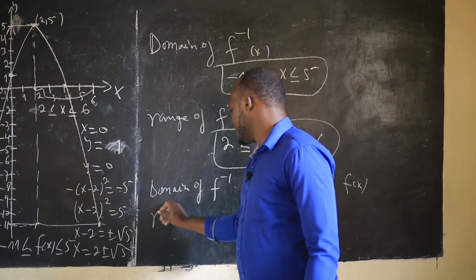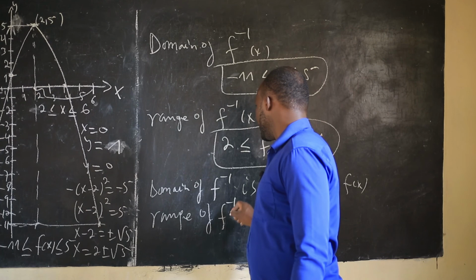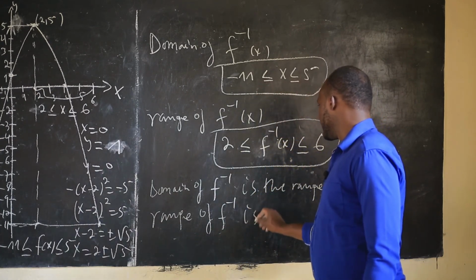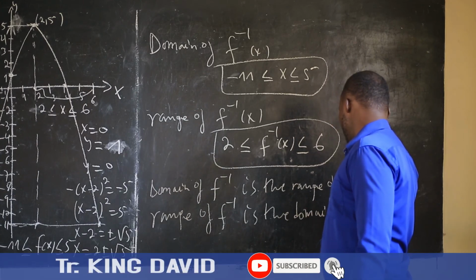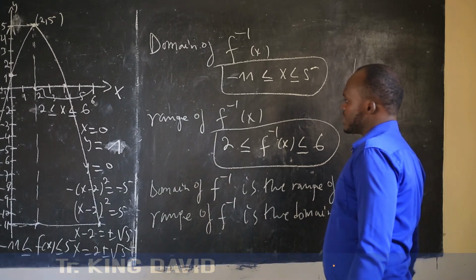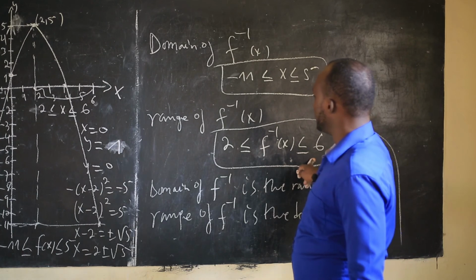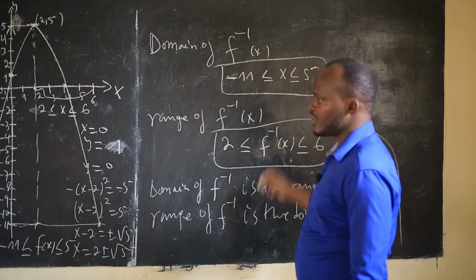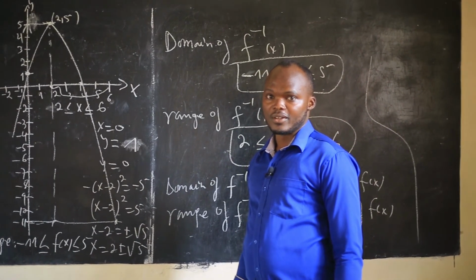Then the range of the inverse is the domain of f of x. So that's why the range here is from 2 to 6, and the domain is from negative 11 to 5. I hope you don't have any question from there. You can go to another number.